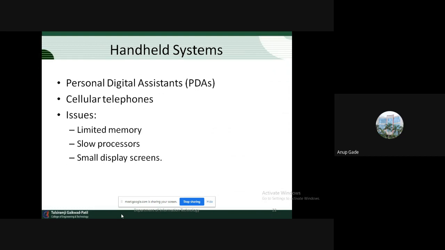But I can be very sure that you will have a question: nowadays even your mobile phone, your cell phone, has a huge amount of memory, even 64 GB or 128 GB. So nowadays they have very huge memory, but quick response is an essential feature of these handheld systems.